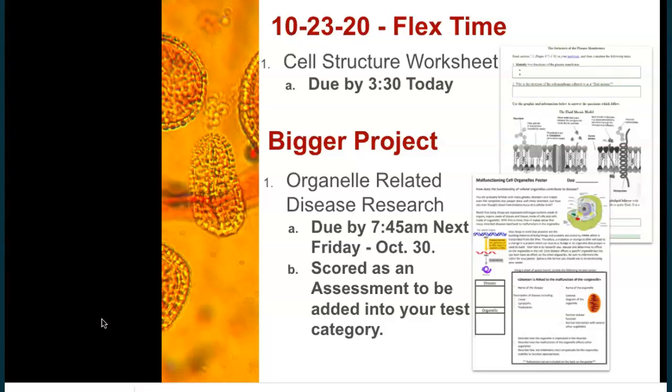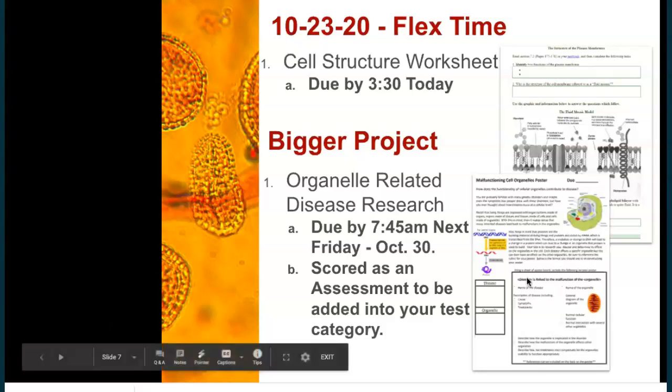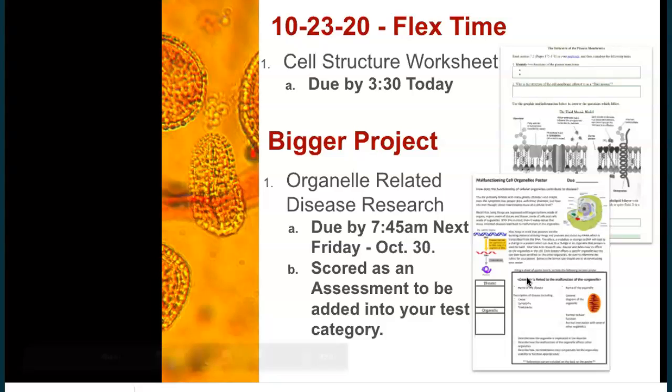And then afterwards, we have a project. The project is not due until next Friday, which is the last day of the term. This is a research project, and in the document, there is a list of organelles that have common genetic mutations that cause problems, like mitochondrial disease, for example.